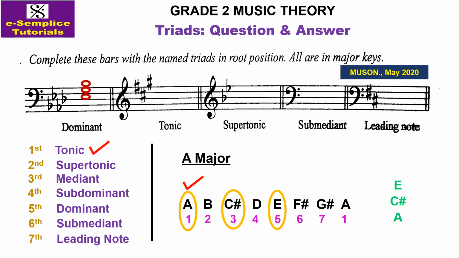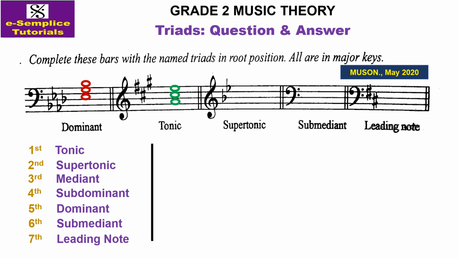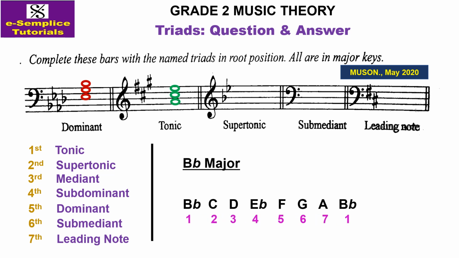Let's write them on the stave. That's A, C sharp, and E. Next is supertonic triad. The key is B flat major with 2 flats. As usual, the notes in the scale, the degrees of the scale.